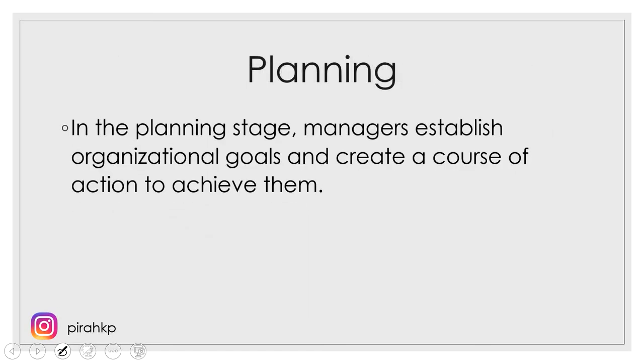First one is planning. In the planning stage, managers establish organizational goals and create a course of action to achieve them. In the planning stage, the manager is thinking, okay, so what are we going to do? What exactly do we have to do? They are establishing organizational goals. For example, if you had to go to a picnic, you would think, okay, so when are we going?